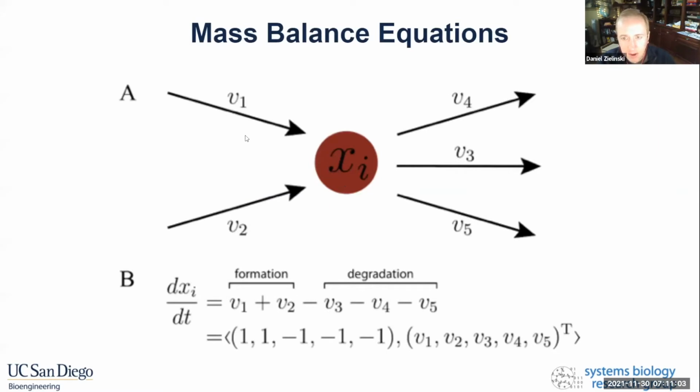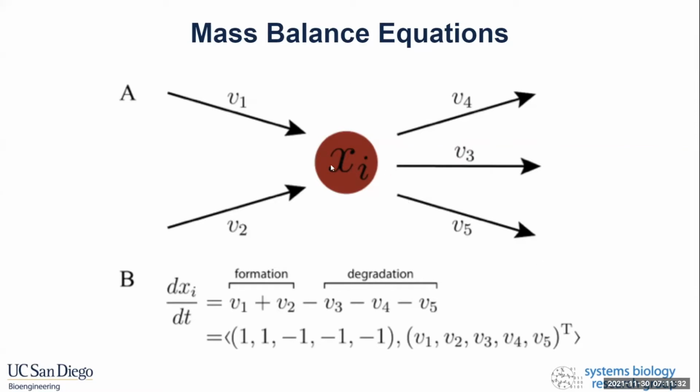So what we're dealing with here with the metabolic model is a reaction network, right? So we have a network of reactions. What we're looking at in panel A here is what we call a node map, meaning that we're focusing on a particular metabolite, and we're showing the reactions that either produce the metabolite, and so add to the pool, or consume the metabolite, and so remove the metabolite from the pool, reduce the pool.